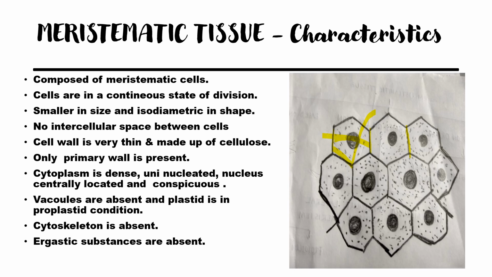It contains DNA, more protein, more RNAs, so it looks very dense. Vacuoles, which are characteristic of any plant tissue, are absent here. There are no ergastic substances. Plastids, even if present, won't look green in color, so they are in the proplastid condition.